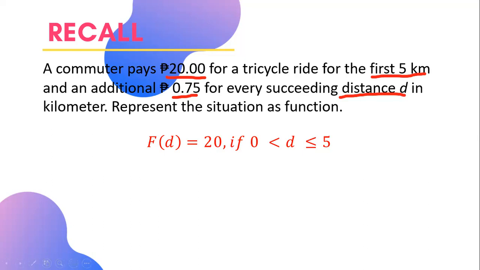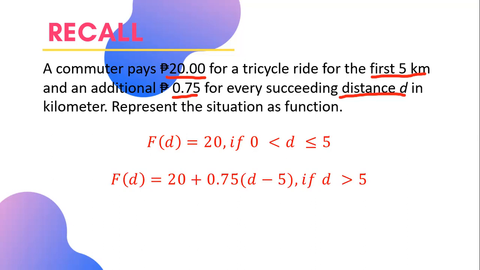And the second formula is the 20 pesos, which is the basic fare, plus 0.75 times the quantity d minus 5, if d is greater than 5. Let's say, for example, you traveled 7 kilometers. You will not pay another 20 pesos, because that 20 pesos is the basic fare for 5 kilometers.